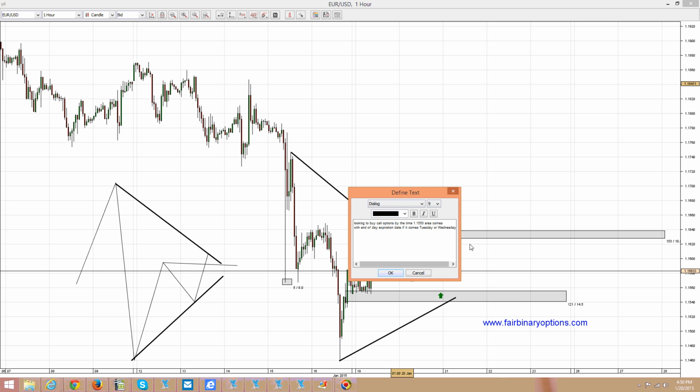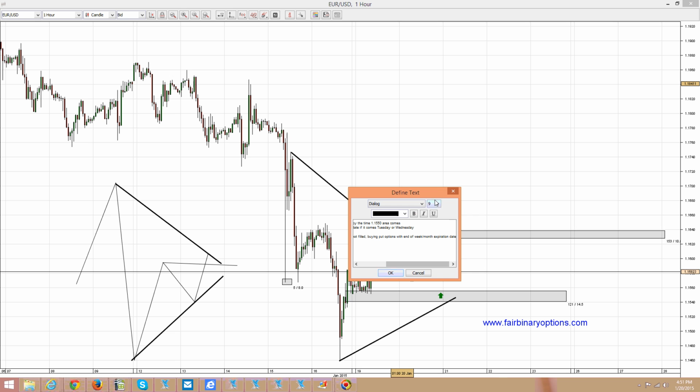If not, if we start Thursday and we do not have a retracement 30 pips lower into 1.1550, then we are not interested in trading call options, but we are buying only put options. So if time passes and we are not filled, then buying put options with end of week and also month expiration date.